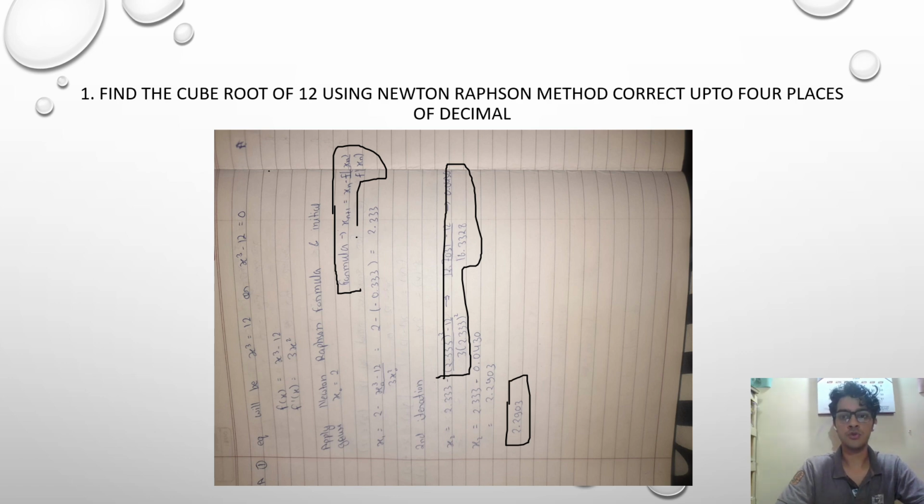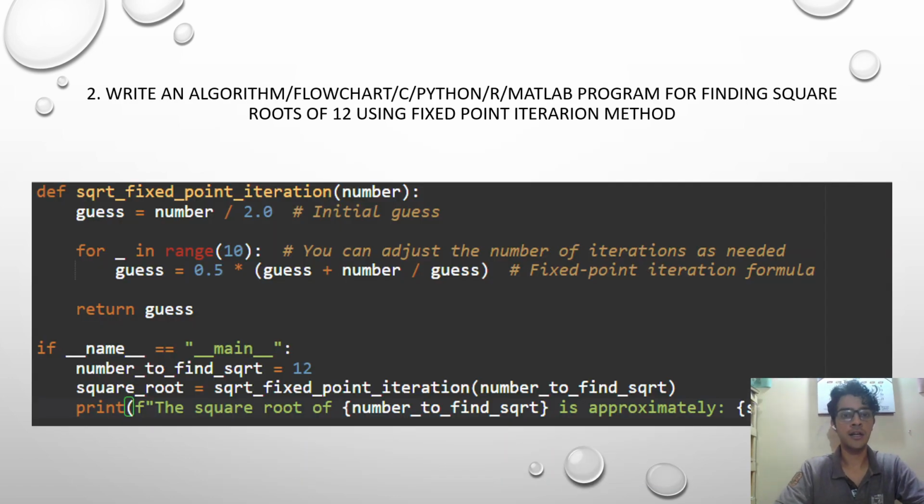Now the next question: write an algorithm, flowchart, or a C, Python, or MATLAB program for finding the square root of 12 using the fixed point iteration method. We will write a Python program. Initially we define a function sqrt_fixed_point_iteration and send the argument number in it.